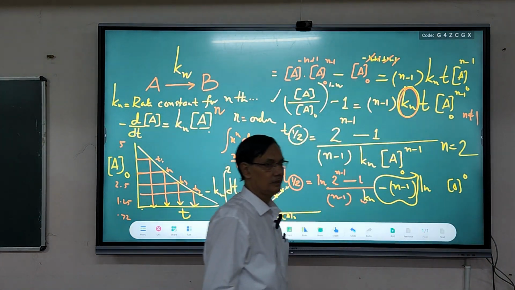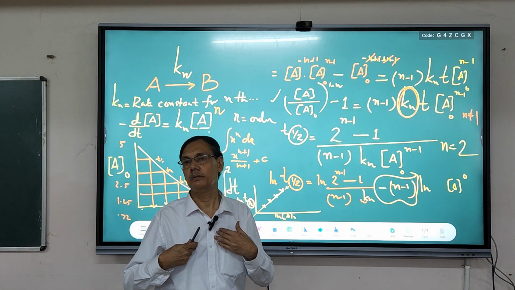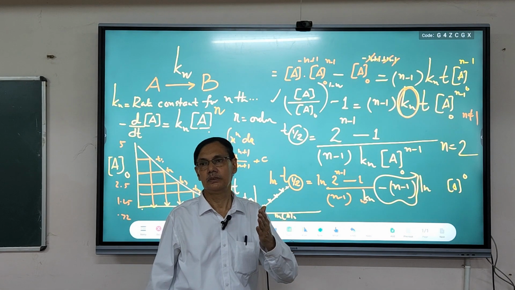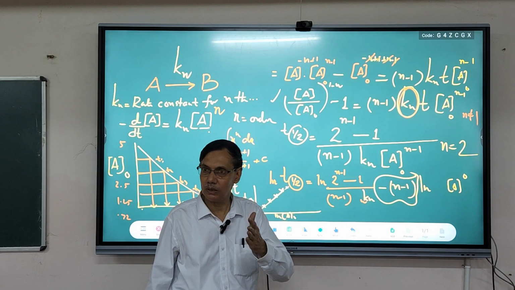I just want to know the half-life period formula for the second order reaction.